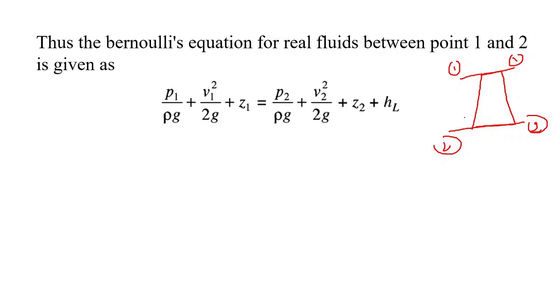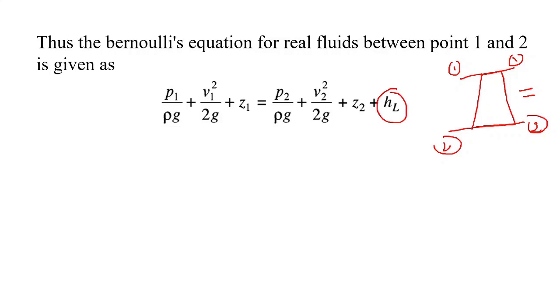At point 1, P1 by rho g plus V1 square by 2g plus Z1 is equal to P2 by rho g plus V2 square by 2g plus Z2 plus HL.